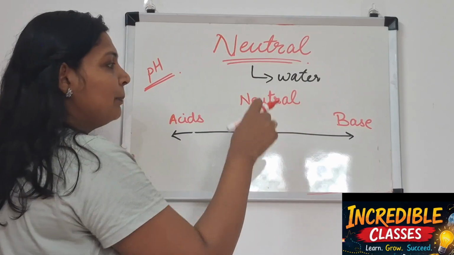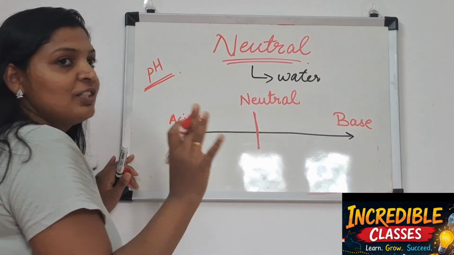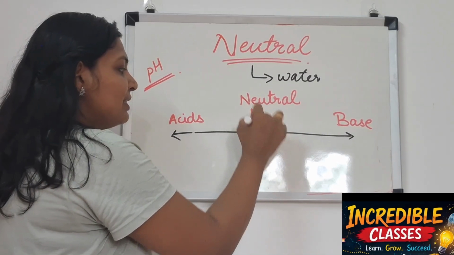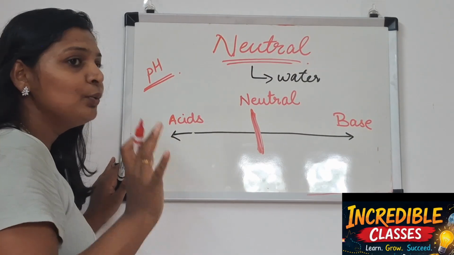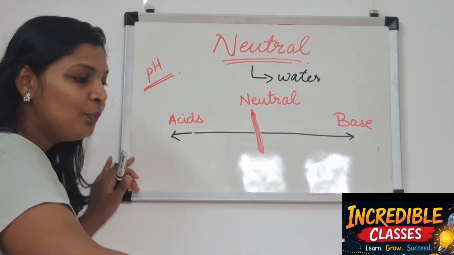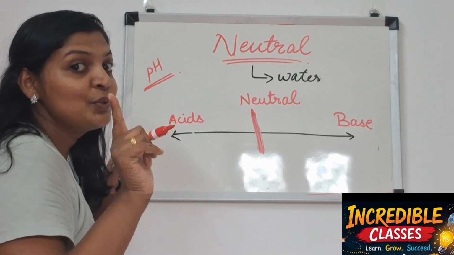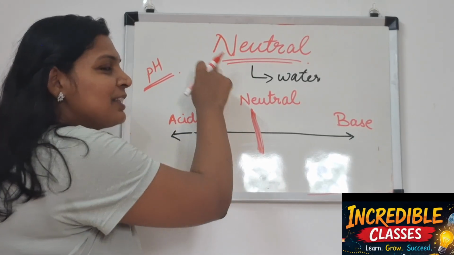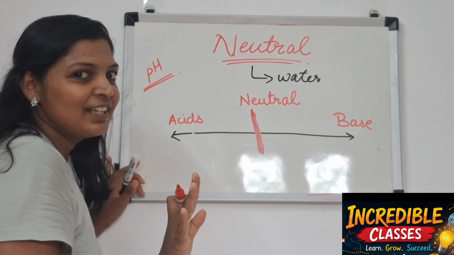But if you dip that paper into water, it will not change any color. That means water is a neutral substance. And why neutral substances are important, we will learn in the neutralization process. So we will connect neutral substances with neutralization.